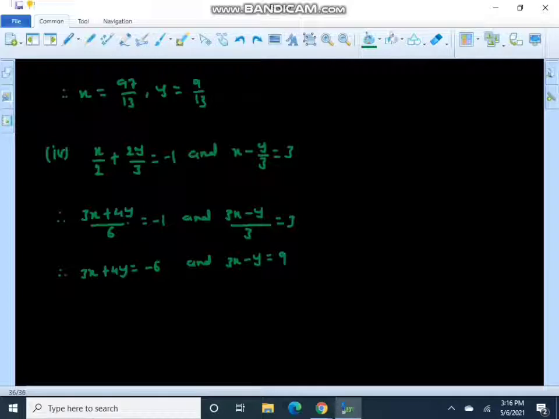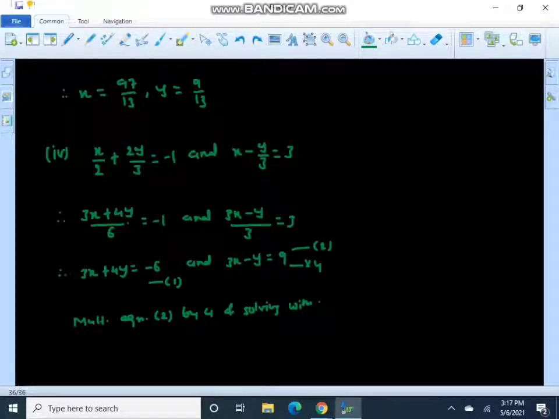Okay, now first equation we can multiply by 4. Second equation, this is equation 1, this is equation 2. Multiplying equation 2 by 4 and solving with equation 1.